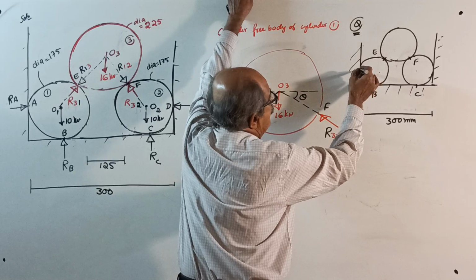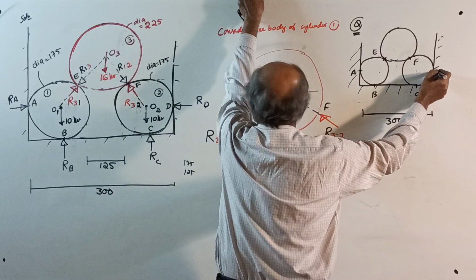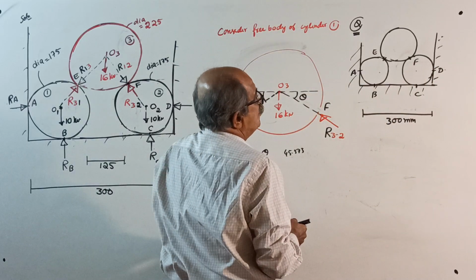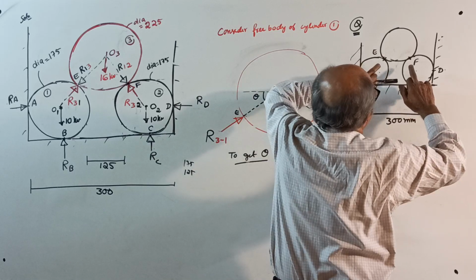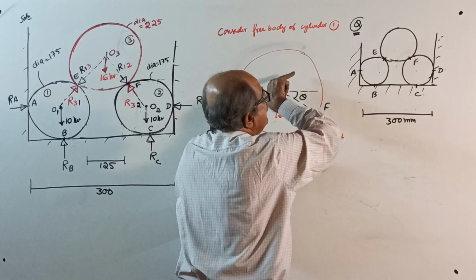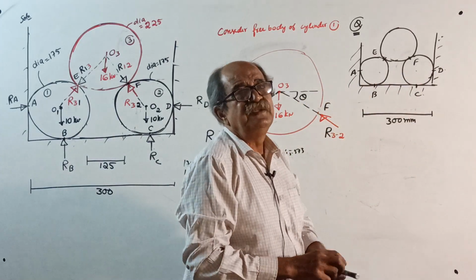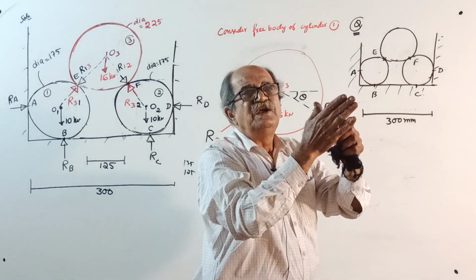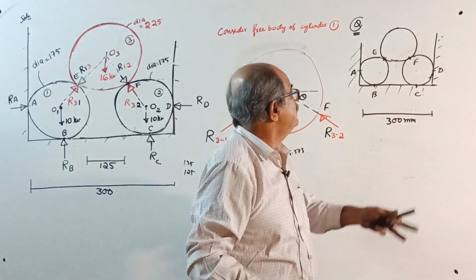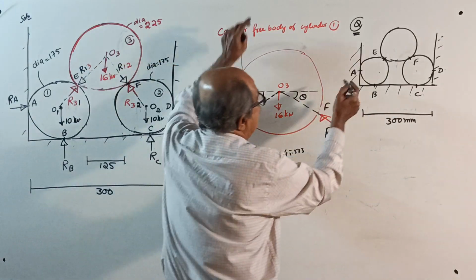At A, B, C, and this point is taken as D. So when you apply the load this way, these two will go outwards. So there will be a reaction inward here. This I told you, smooth surface: when you press, inward reaction will come, not outward.